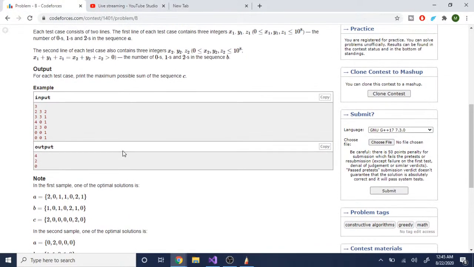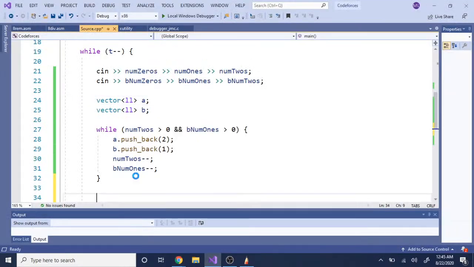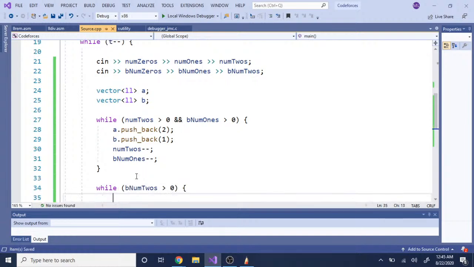But anyway, so back to this. If we're done with the 2's, we got to pair it with the 2's or the 1's. So at this point, if this while loop is done, while b number of 2's is greater than 0, let's push back 2's and then push back 1's.